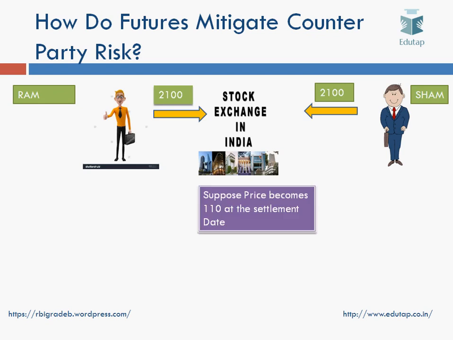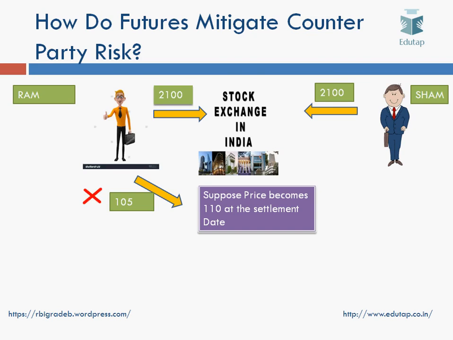Now suppose the price becomes 110 at the settlement date, which would be the last Thursday of the month. Now Ram would have to sell those shares at 105 to Sham, but if he does not fulfill his obligation and gets greedy that he can sell them at 110, why should he sell them at 105?